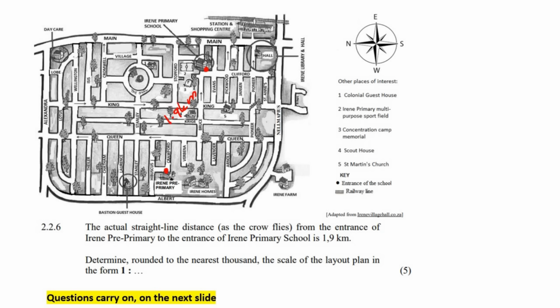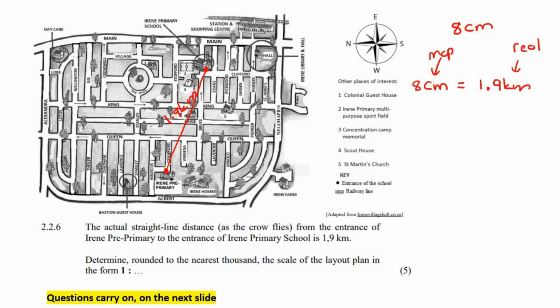Now, take your ruler and measure that distance. So how much did you get? If you've done that correctly, you're supposed to be getting around 8 centimeters. So what that then means is that 8 centimeters is the same as 1.9 kilometers in real life. So this is on the map, and this is what it actually shows us in real life.